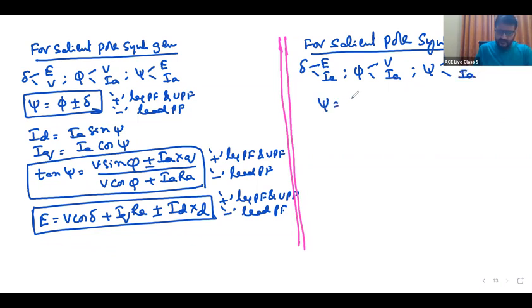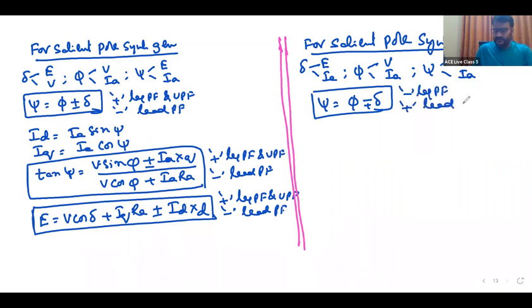Psi is equal to phi minus delta: minus for lagging power factor, plus for leading power factor and also UPF. UPF also same. ID is equal to IA sin psi. IQ is equal to IA cos psi.